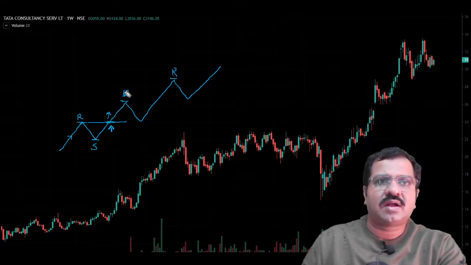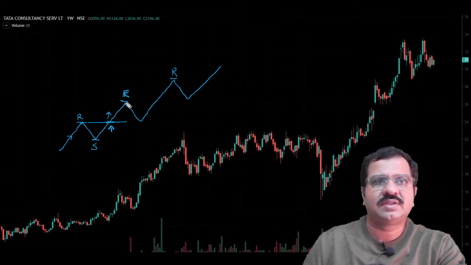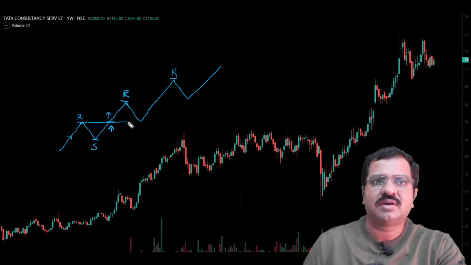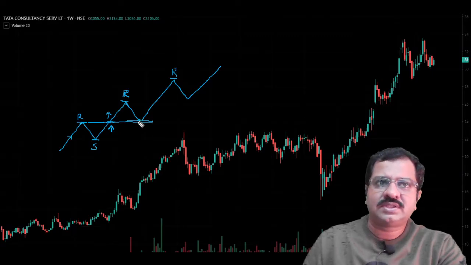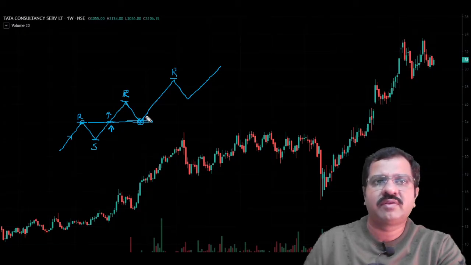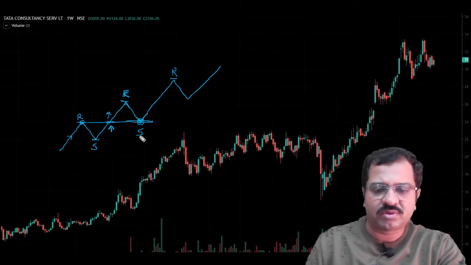Again, after some time, sellers came in and thought this is expensive, and they started selling. So prices started coming down. But if you observe, price came to this old resistance level and reversed from this point. So this is now support.